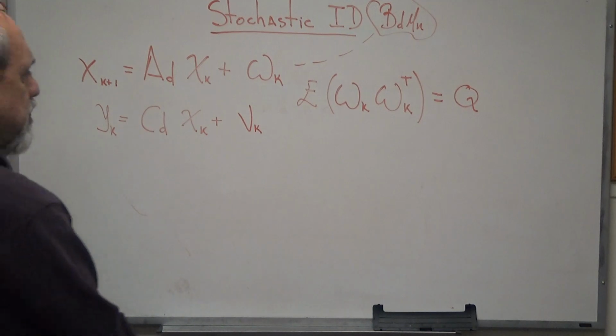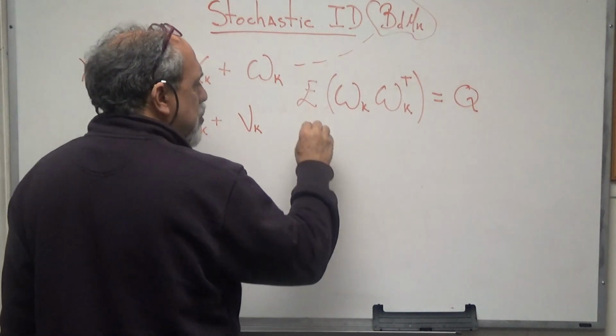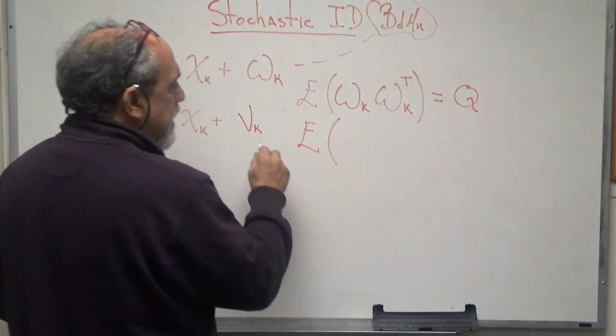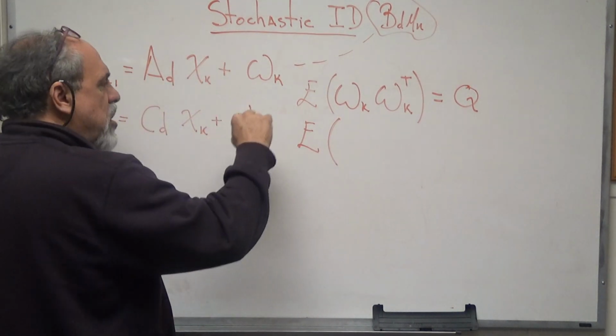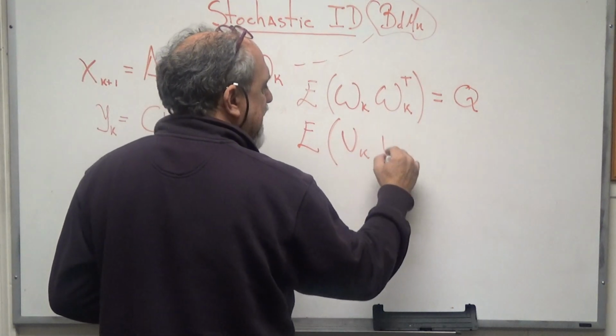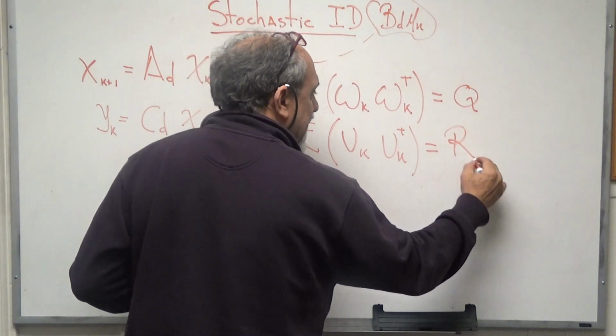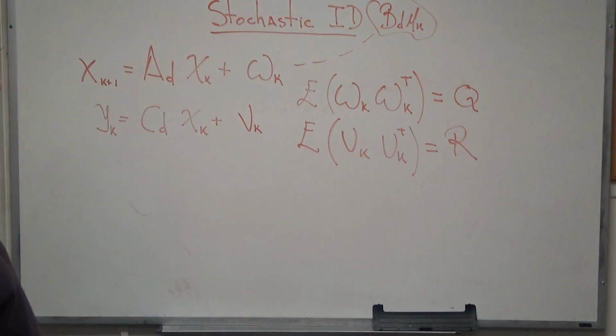We also assume that this thing, Vk, which also comes from either measurement noise or the sum of measurement noise from a direct transmission, that is, we say that the expected value of Vk transpose is R, right?